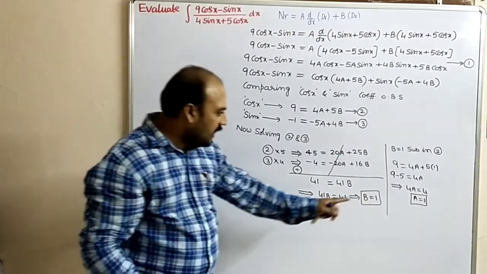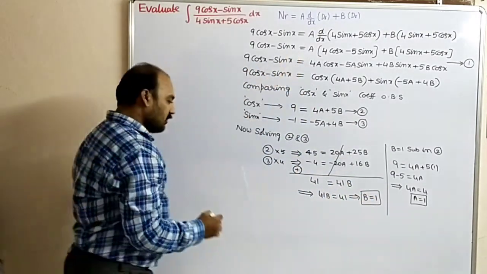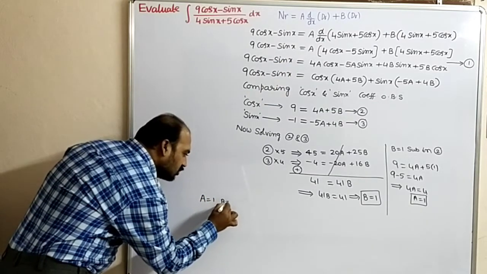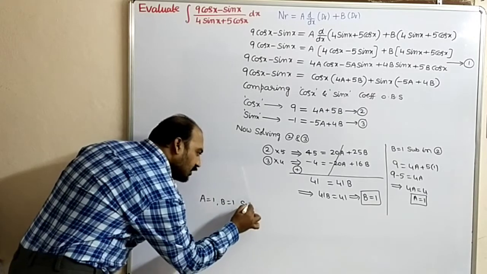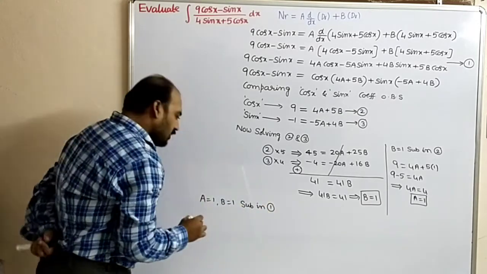So now the a, b values we substitute in equation 1. A equal to 1, b equal to 1, substitute in equation 1, we will write the numerator value.